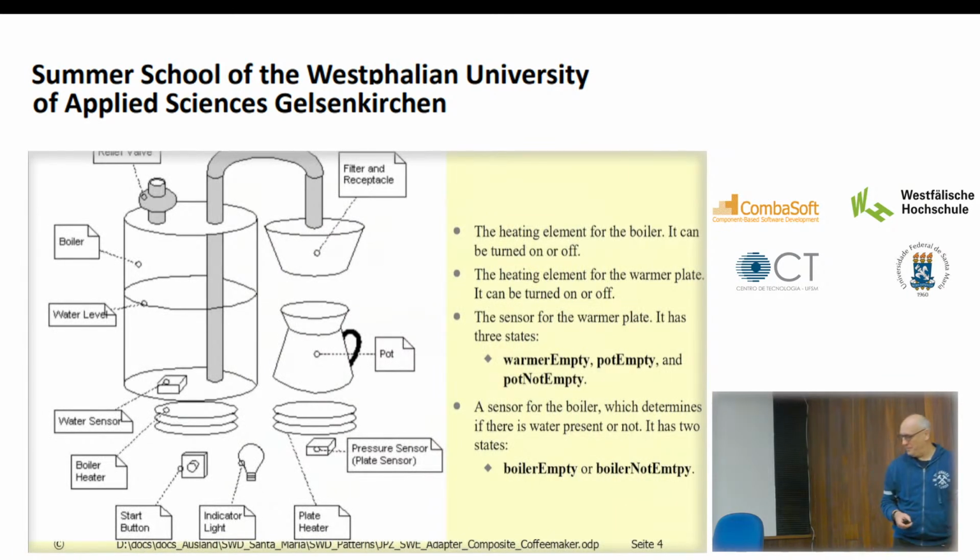This is a special coffee machine, and you have to put water in it. You have a boiler heater that you can heat the water. You have a water sensor telling you if there's water inside or not.